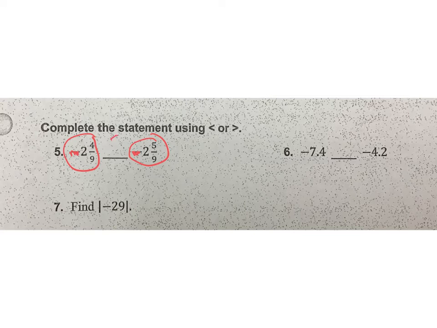So I know if they're positive, the 2 5/9 is going to be a little bit more than the 2 4/9. But because they're negative, this one would be greater if it's positive, but because they're negative, then it goes like that.